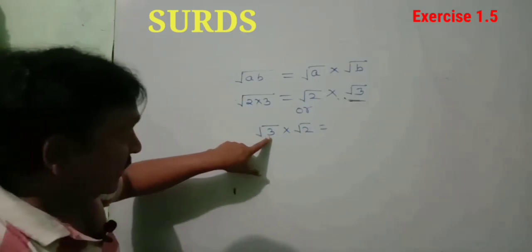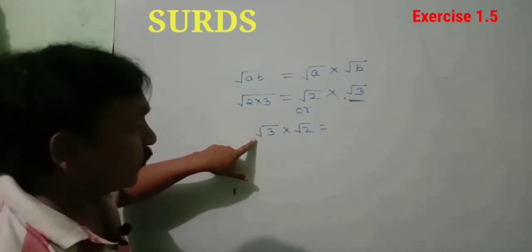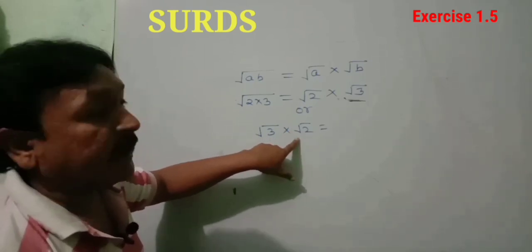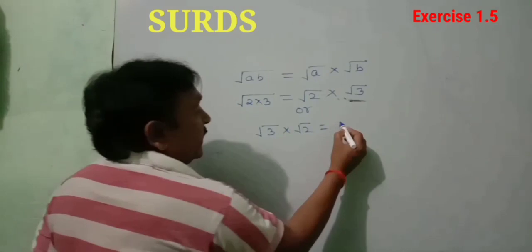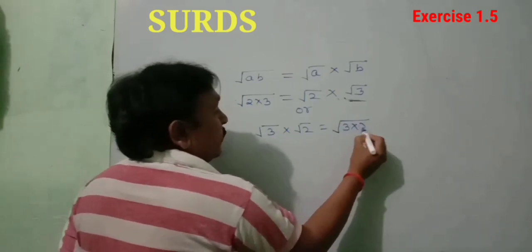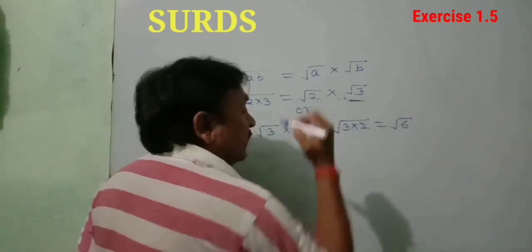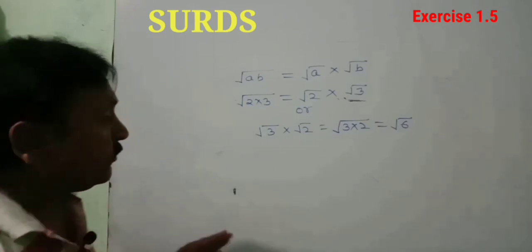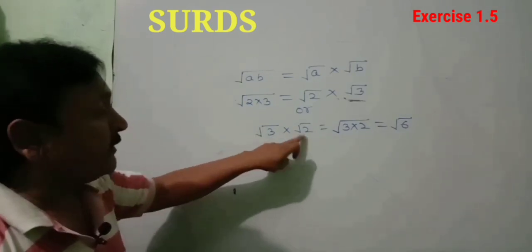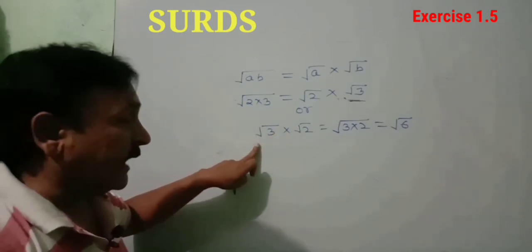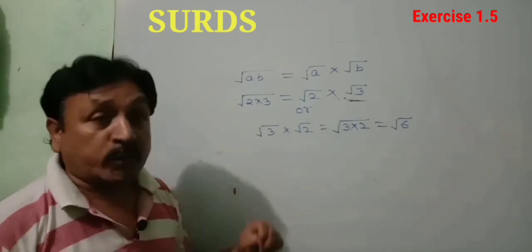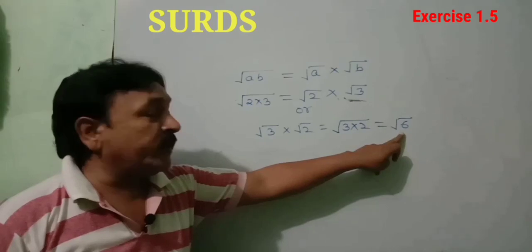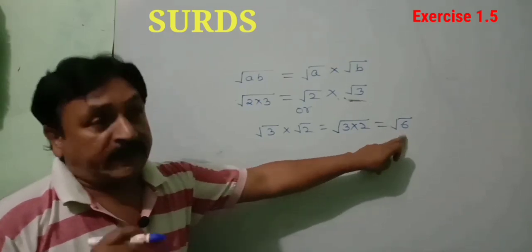See, 3 has a square root, 2 also has a square root. It means they have the same root, so they can be multiplied under the same root, and we get the answer root 6. So by this we learn that if two numbers have the same roots, then those numbers can be multiplied within that same root, and the product will be our answer.